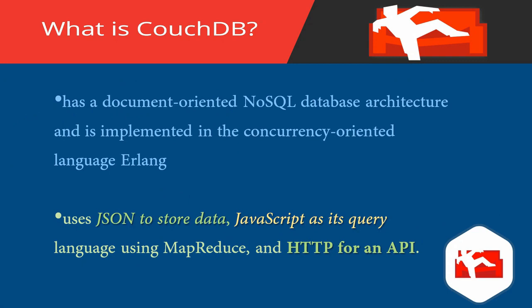If you want to insert any record on this CouchDB or retrieve any data, you can pass that statement via an API over HTTP. And you can use JavaScript, which could be easily implemented in web and mobile applications.